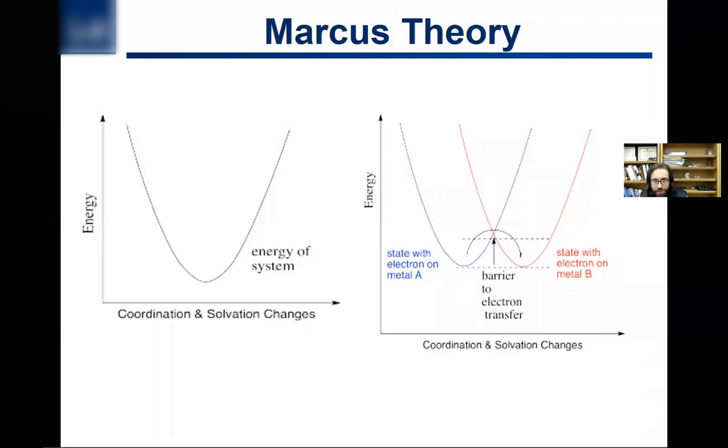So we said in the last video that electron transfer, when it's occurring through an outer sphere mechanism in between two transition metal complexes, has some barrier, and that barrier is due to just the first coordination and second coordination spheres, the atoms within the ligands, and the solvent molecules around the complex, moving around and getting in position so that you have effective overlap between the orbitals so that electron tunneling can occur.